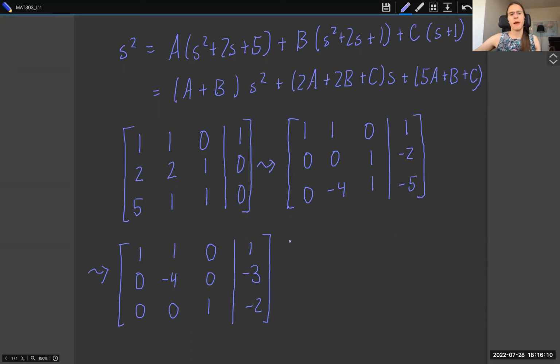Okay, this is a bit different from how I did the calculation in my notes, but let's just do it and check that I don't get any typos. So if I add this equation divided by 4, then I get subtract 1 here and I subtract 3/4 here. So I'm going to get 1/4.